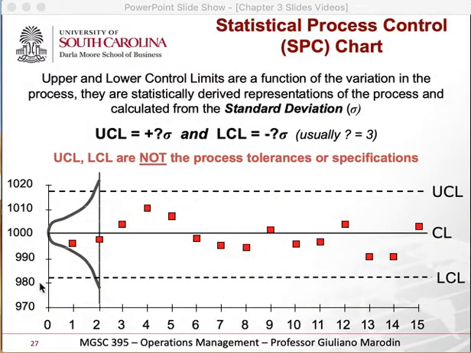So here I can see that all my points were kind of mean centered. They go up and down, there's some variation occurring, but none of them was higher than the upper control limit or lower than the lower control limit. So what does that tell me? That tells me that the process is under control. If all the observations are within the limits, the process is under control.